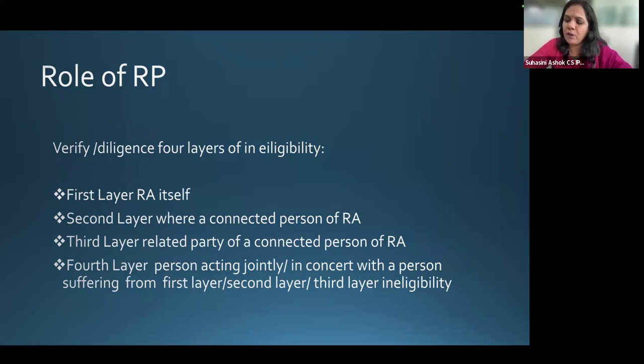Then you have to apply all these points, A, B, C, D, E, F, G, H, I, J, of section 29A, whether it is applicable, whether they are getting disqualified here. Then the second layer is connected persons. You will see the connected persons of the resolution applicant. Suppose company A is there. Who are the connected persons? So there is a section. Can you go to section 5(24)?